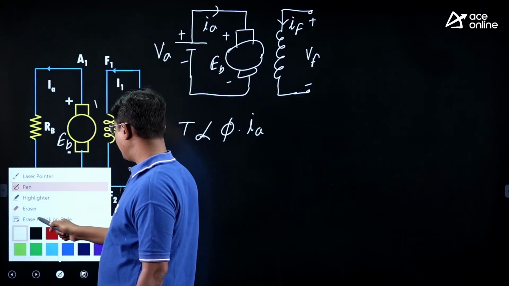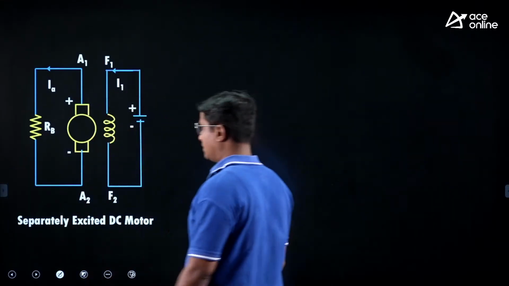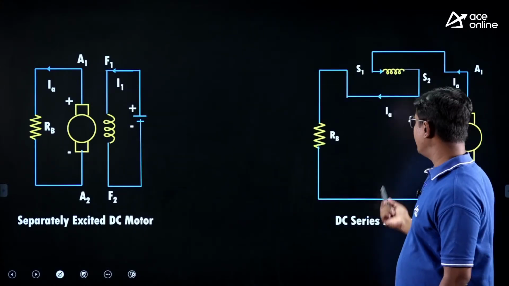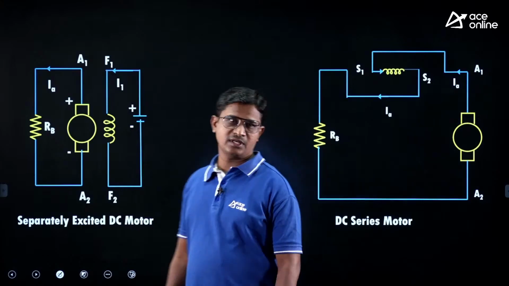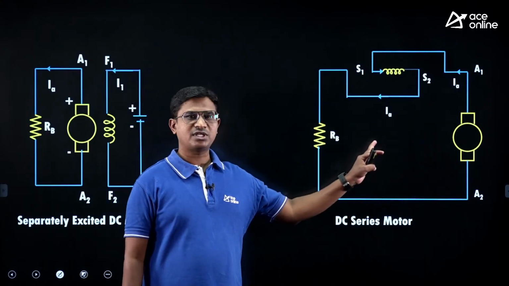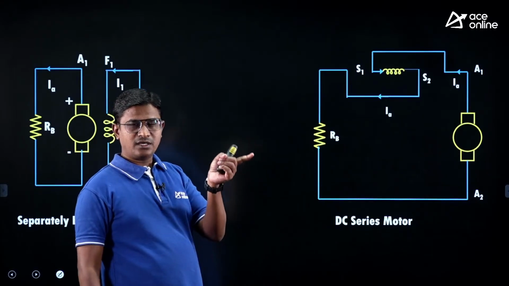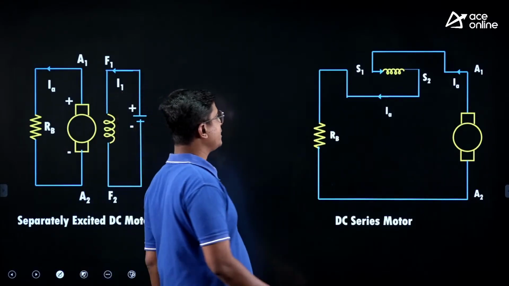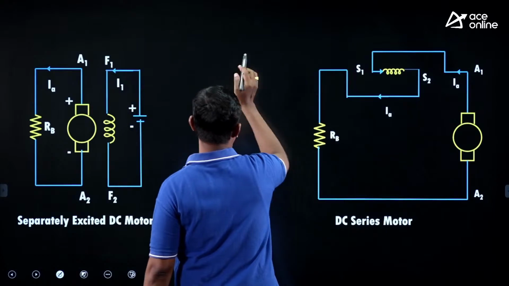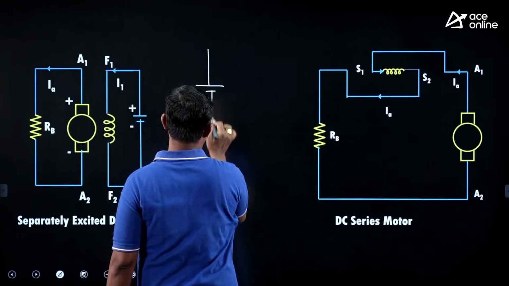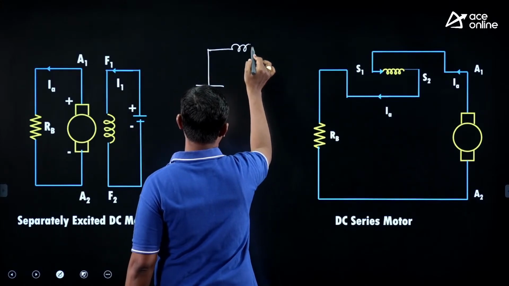Separately excited DC motor, rheostatic braking. Similarly, for the DC series motor, the connection diagram for rheostatic braking. Be careful. For the DC series motor, during motoring operation, you will have the circuit like this.